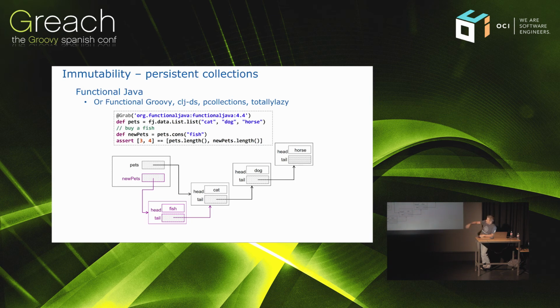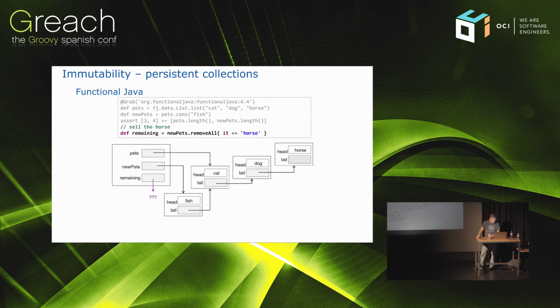Anybody who's still referring to the old version of my list will have a reference to pets, and they'll just see a list of 3 things. The new version, when I added something to it, just appended a new thing on the list, created a new reference, and that new reference pointed off to the old reference. So anyone who's looking at new pets will see 4. And that's all really nice.